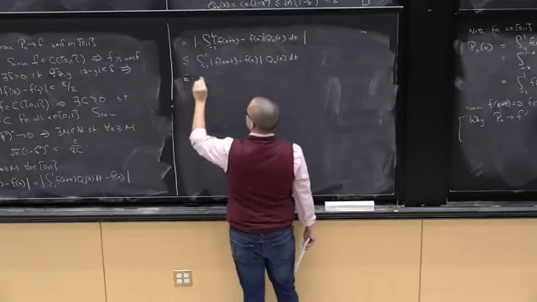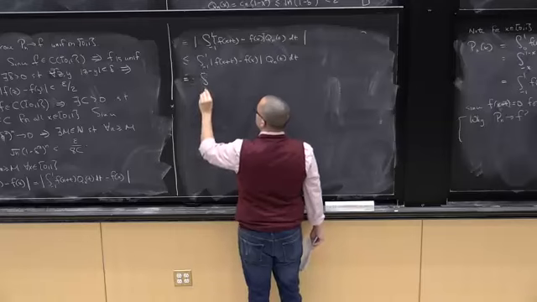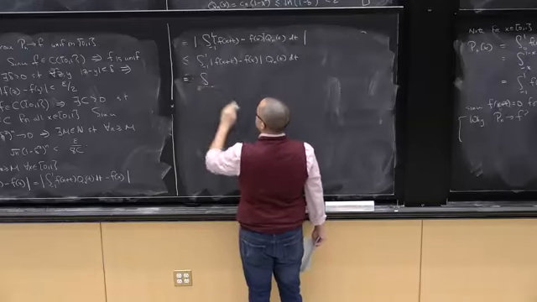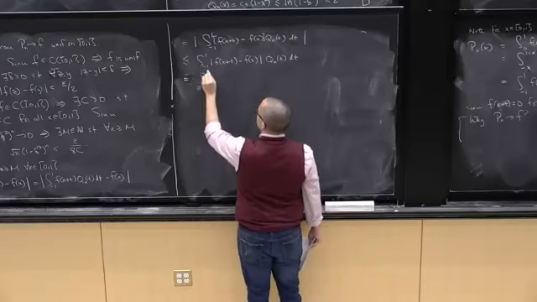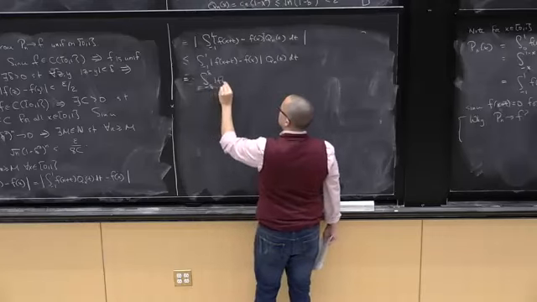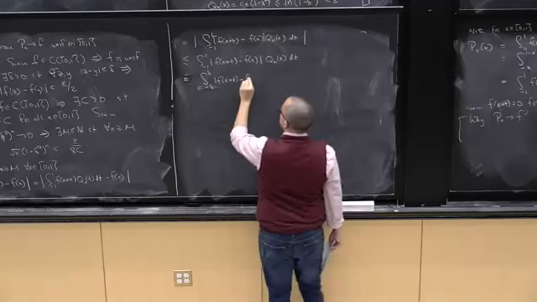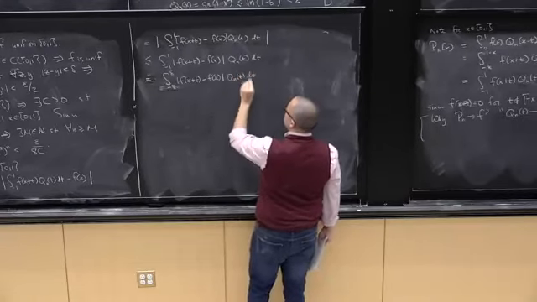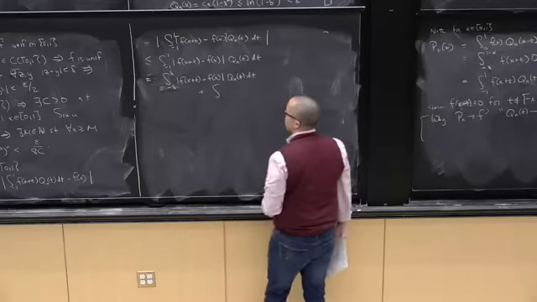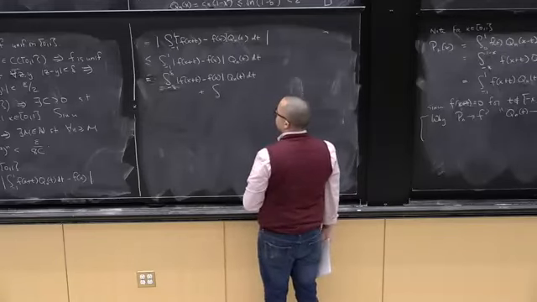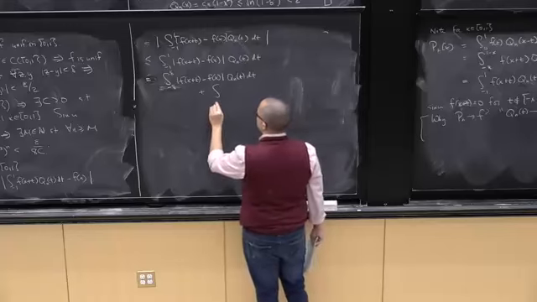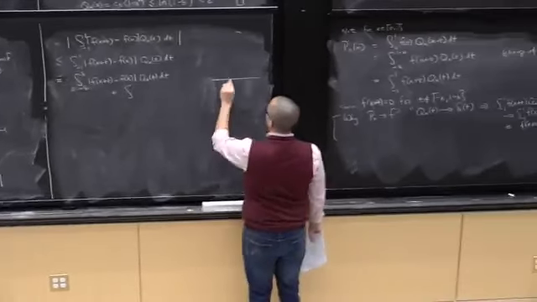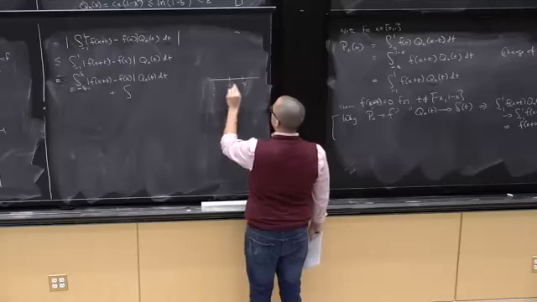This is equal to a part where t is between minus delta and delta, of f of x plus t minus f of x times q_n of t dt, plus the other part, which is the union of the two intervals away from delta and out to 1.